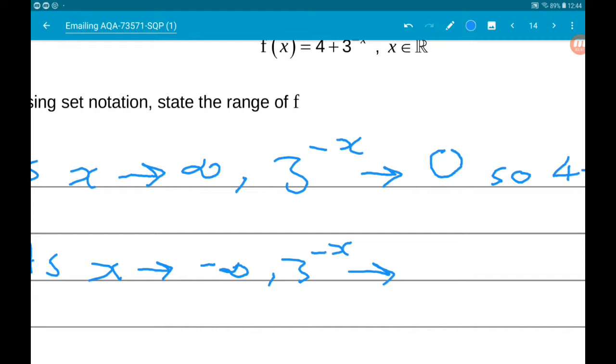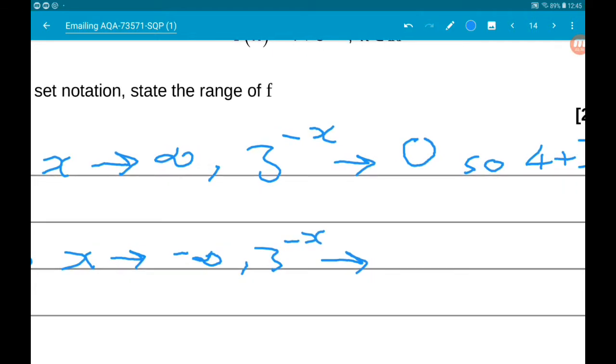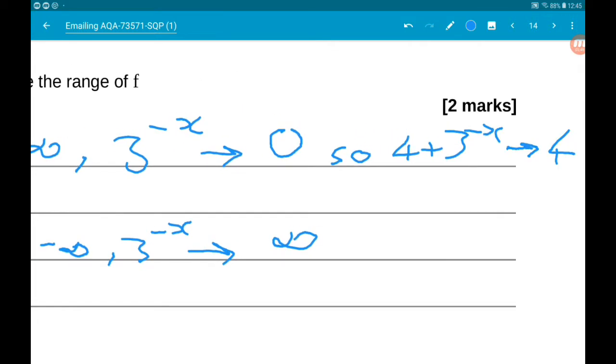So setting 3 to a bigger and bigger positive power is going to send it off to infinity. So 3 to the minus x will tend to infinity, and 4 add 3 to the minus x is going to tend to infinity.